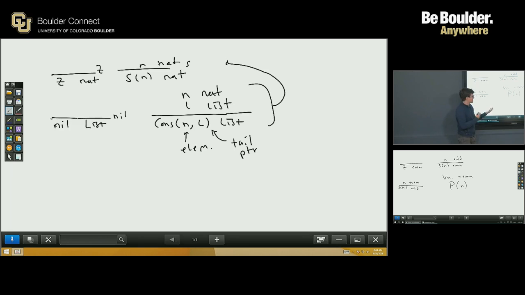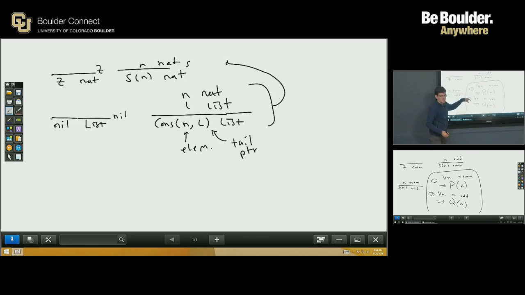I probably need to make some statement about the odd numbers too, right? So I might say, for all natural numbers, if n is even, that implies some property P holds. And for all natural numbers, if n is odd, that implies some other property, Q I'll call it, holds. And the idea is that I'm trying to prove both of these statements simultaneously.